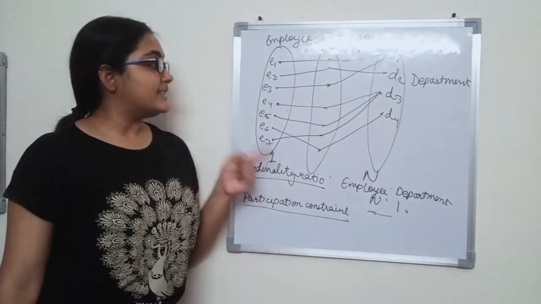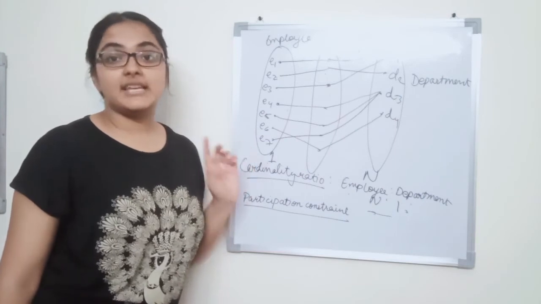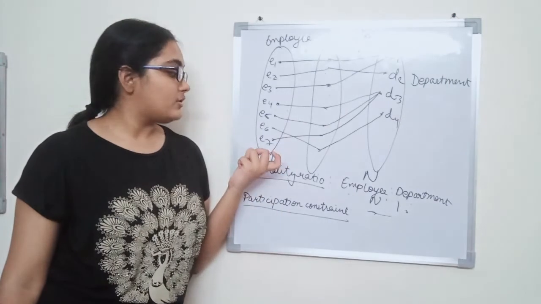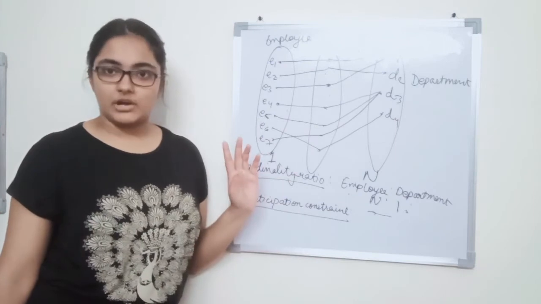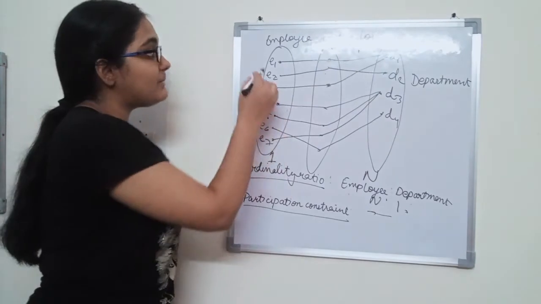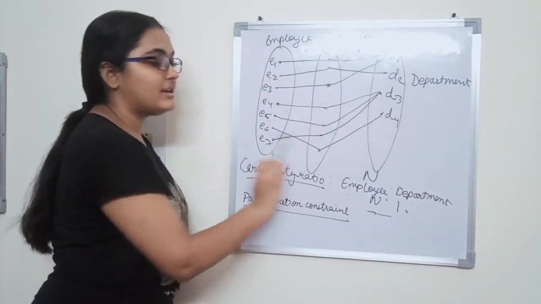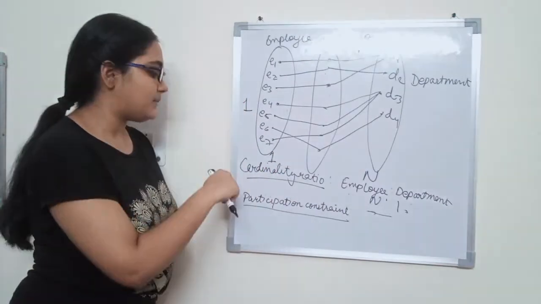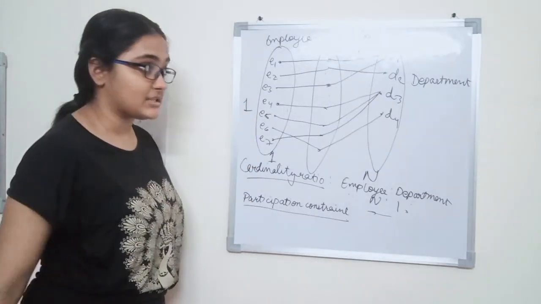It has also been given that an employee cannot exist without a department. If there is an employee, then definitely he has to work for a department. This is the constraint specified in the requirement. So every employee has to participate in 1 relationship instance. So the participation constraint is 1, that is, the minimum number of relationship instances in which the employee entity type participates.